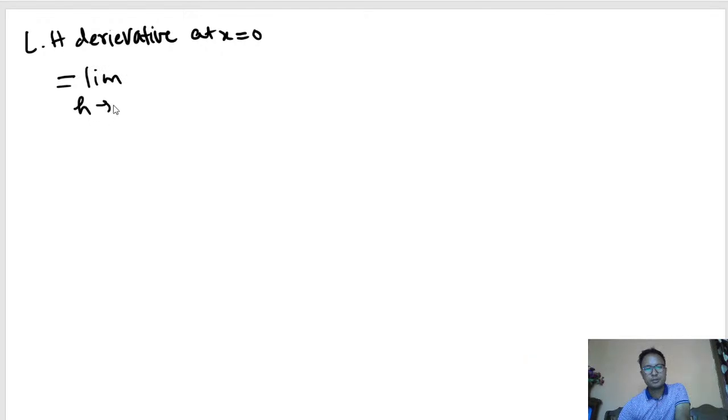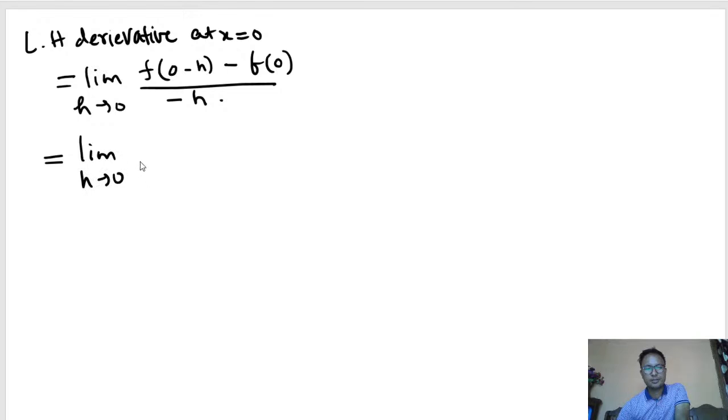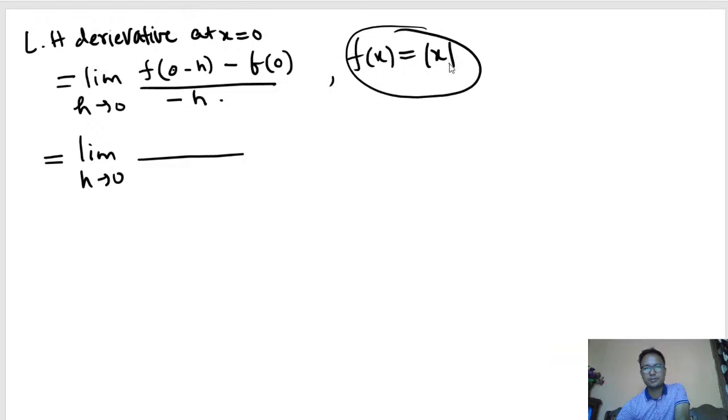It is the limit as h tends to 0 of f of 0 minus h minus f of 0, divided by minus h. So 0 minus h is minus h. Since f of x is modulus of x, this becomes modulus of minus h minus f of 0, which is 0, divided by minus h.